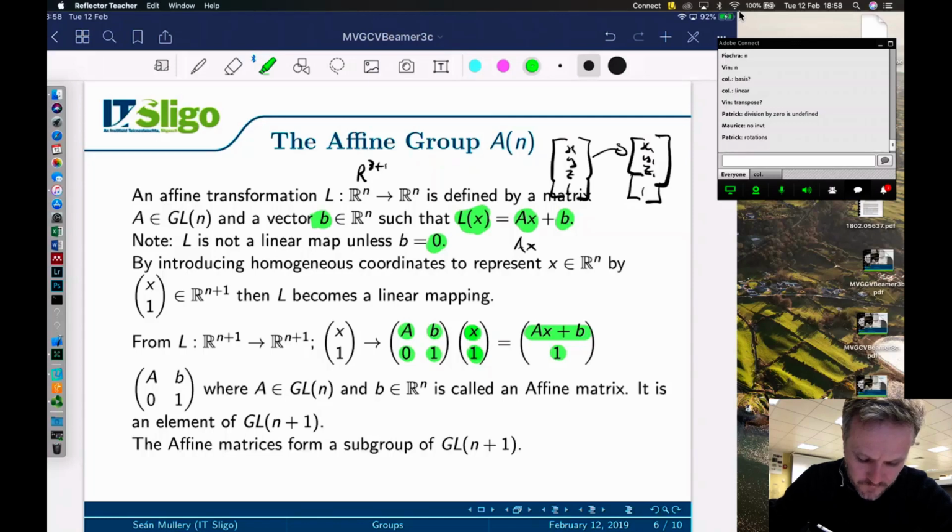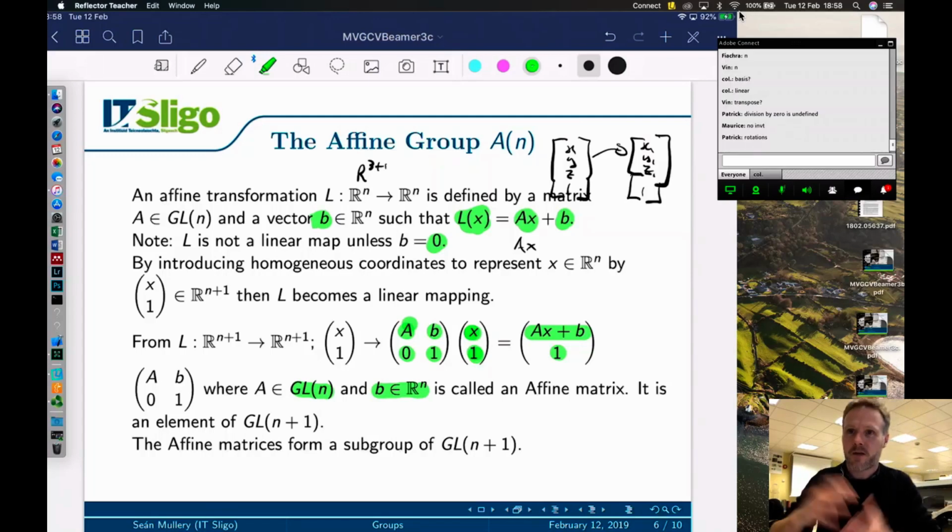So this affine one is in the general linear group, and B is in Rn, which is called an affine matrix. Now bear in mind, we didn't say that this was in the special linear group, so we haven't guaranteed that this A here would have a determinant of 1 or anything like this. This could make it bigger or smaller or anything like that.